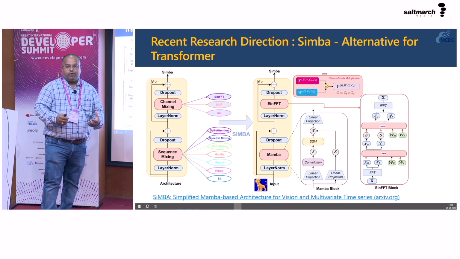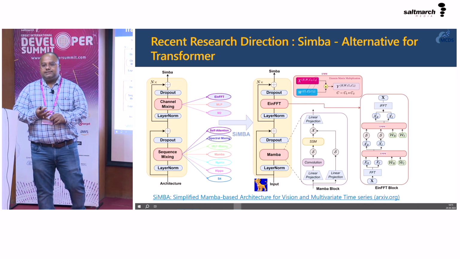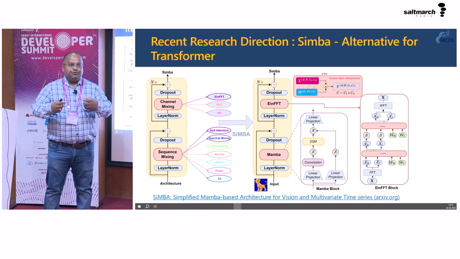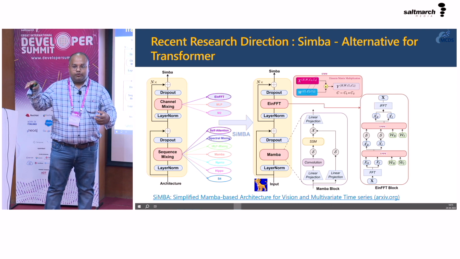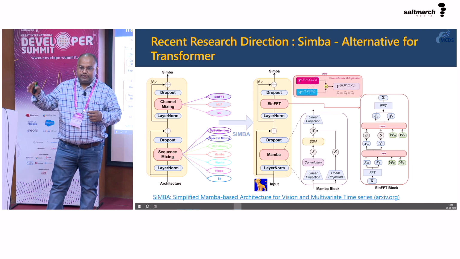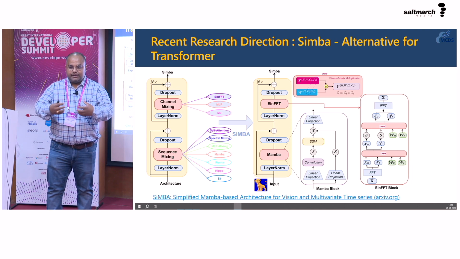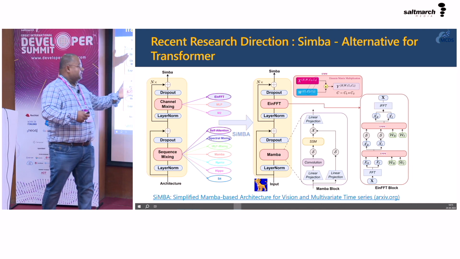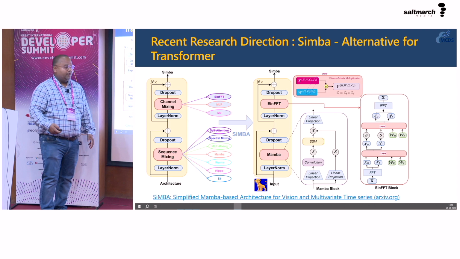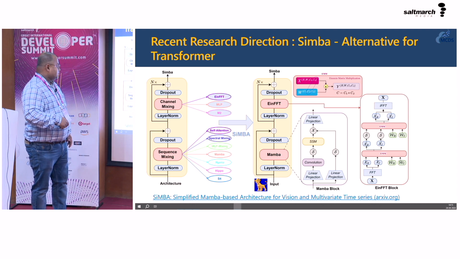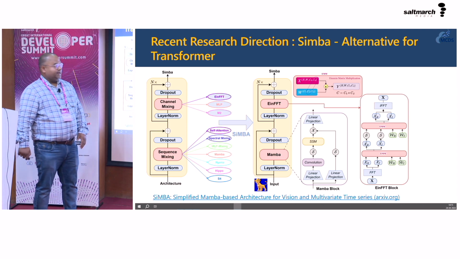The state space model is basically a linear dynamic system, like the spring mass system. Force equals mass into acceleration, how you calculate it in a spring mass system. Similarly, they modeled it in SSM, and this makes a more efficient way of computing sequence modeling tasks.